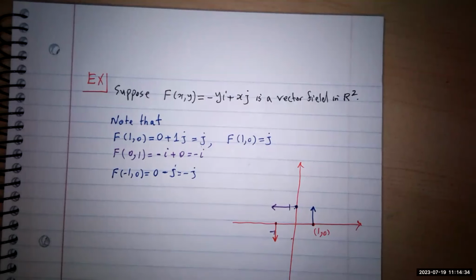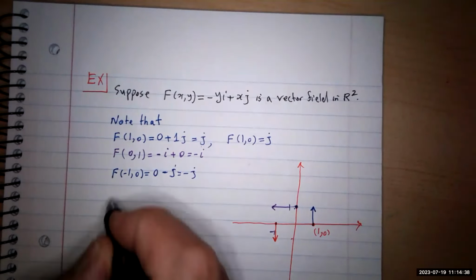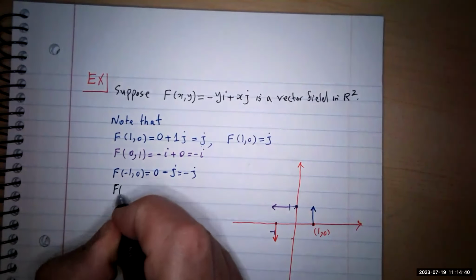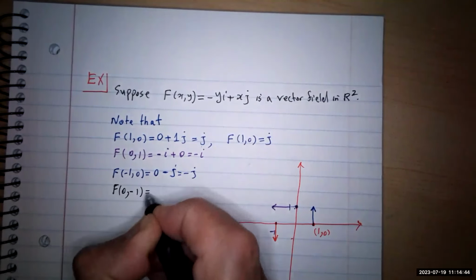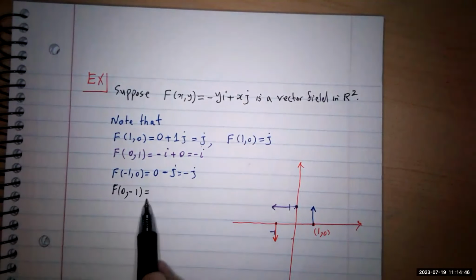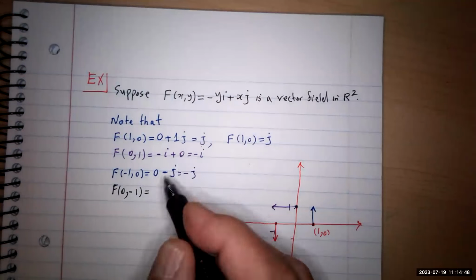Okay, and then you can continue forever. One more point is f of 0 and negative 1. Your x is 0 and y is negative 1, so negative will be positive.